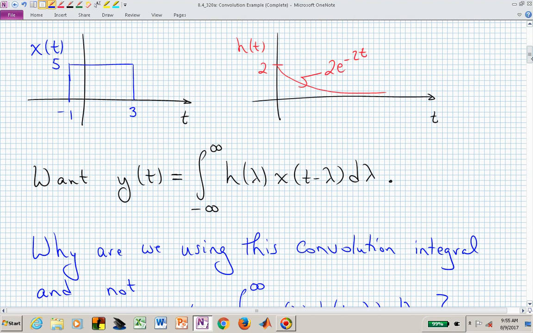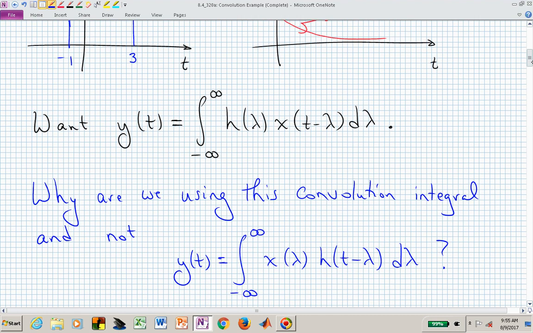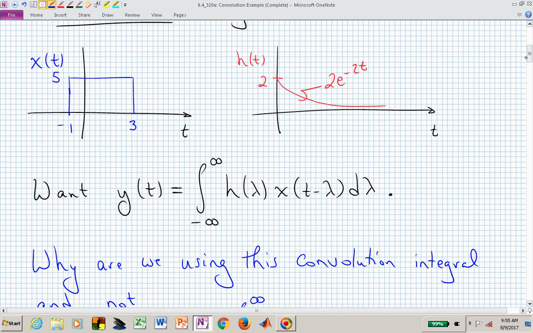Now, you might initially ask a very good question: why am I worrying about evaluating this first integral equation where x of t minus lambda is used versus where we might use h of t minus lambda? That's actually motivated by the functional form of x and h.